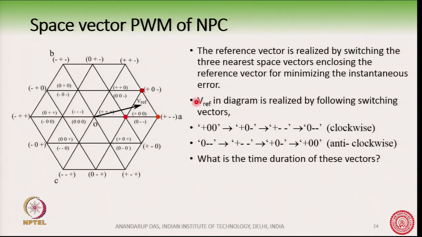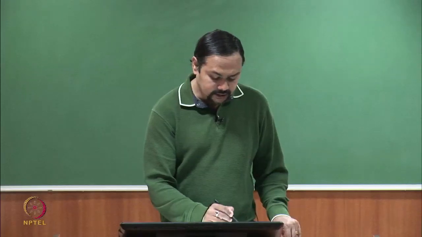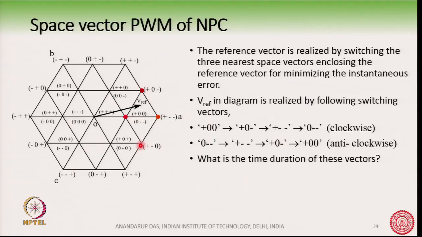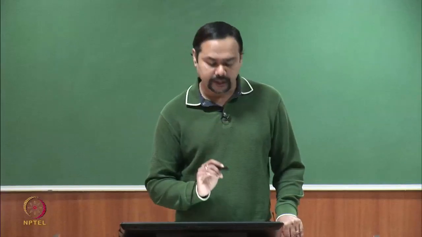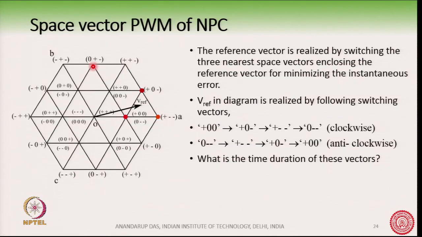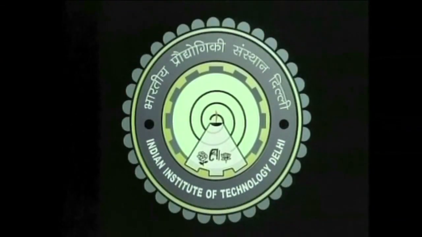But remember, these intermediate lines are all imaginary. What exists in the space vector diagram are just vectors at these points, vectors at these locations, that is it. These intermediate lines, for example this line or this line or this line, are imaginary lines.